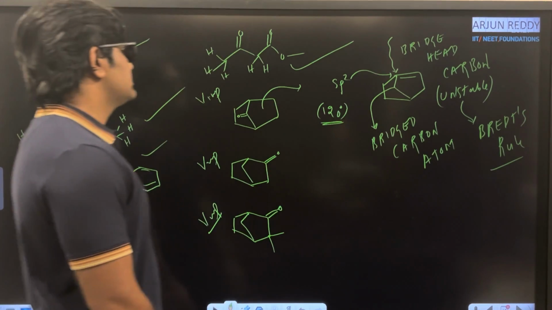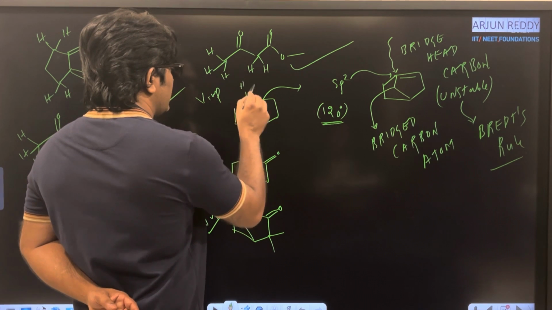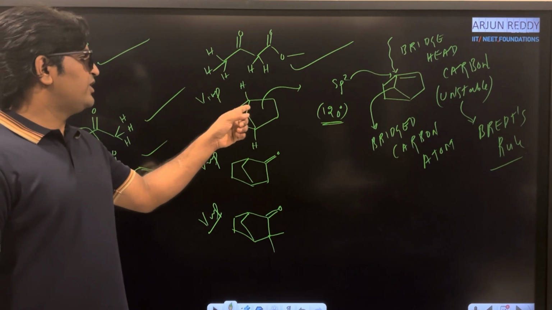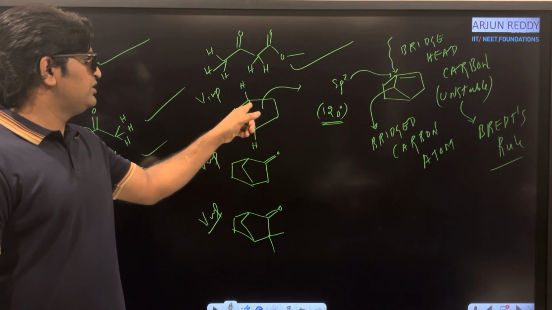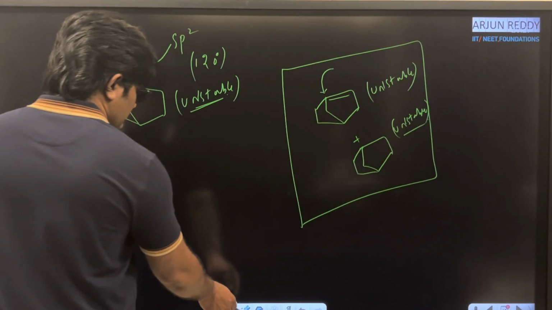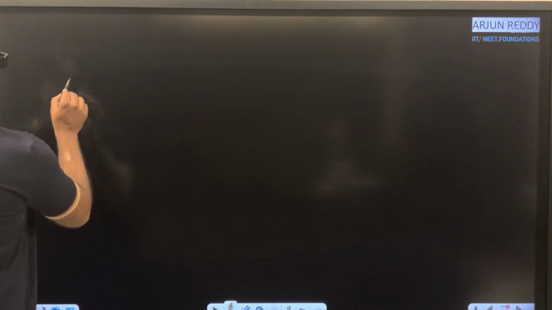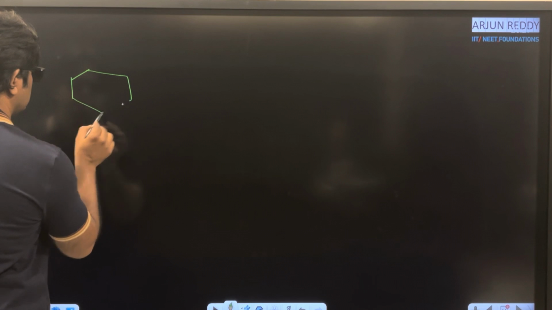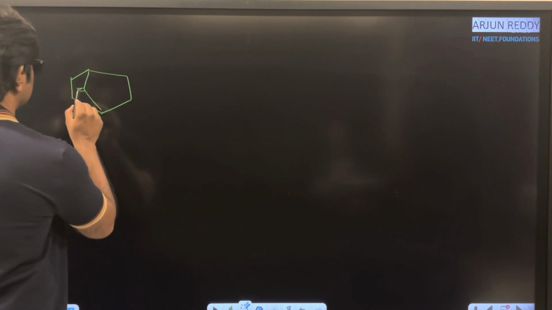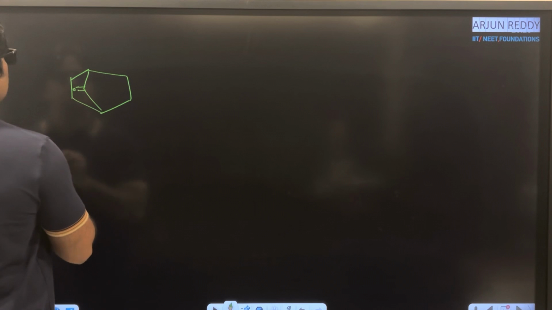Again coming back to the same question, look at this one. For this carbonyl, it has an alpha hydrogen, but what is the problem? If you use the alpha hydrogen atom, you can develop a double bond between these two carbon atoms. For example, this is our molecule, C=O.